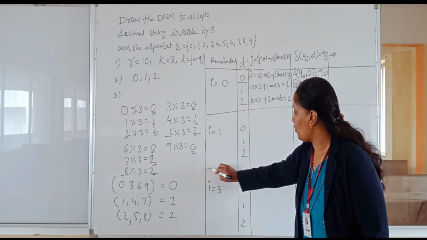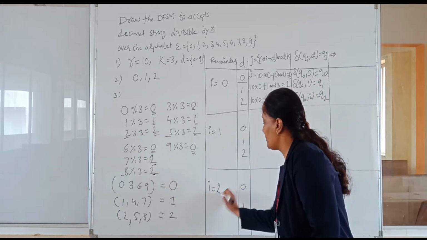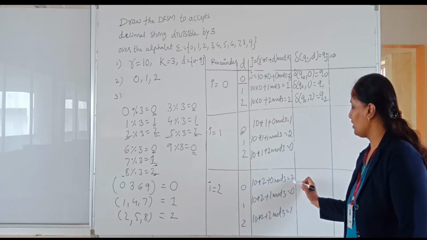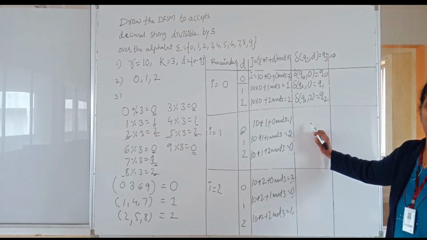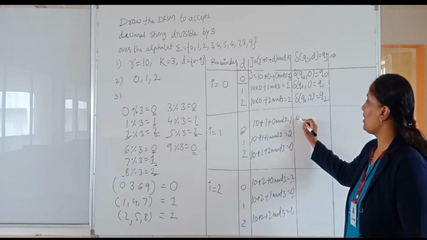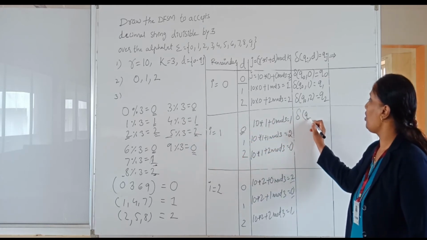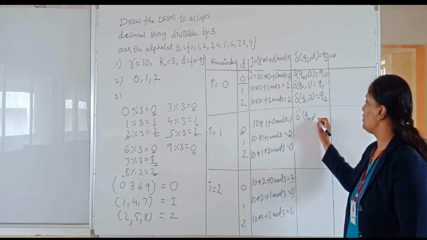Same, I am going to find for I equal to 1 and I equal to 2 in this case. Apply the same formula when I equal to 2. After applying, I got these values. Next we will see the transitions. So here, transition from I value equal to 1. So Q of 1 comma, what is the D value? D value is 0.